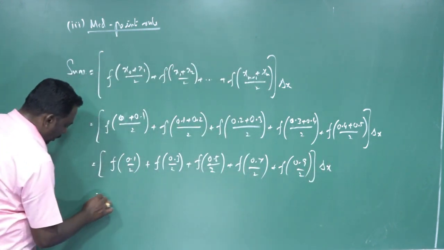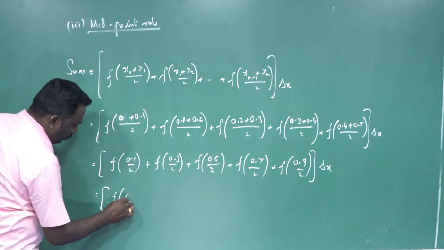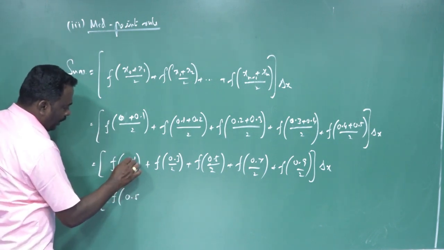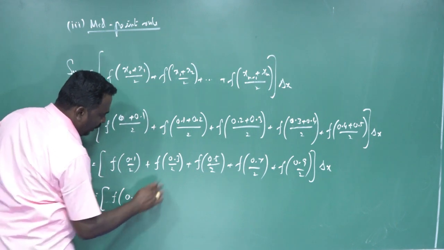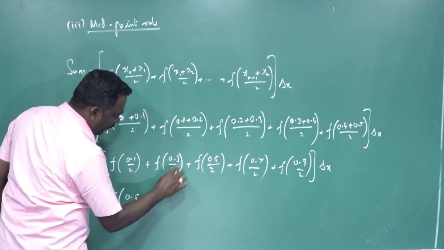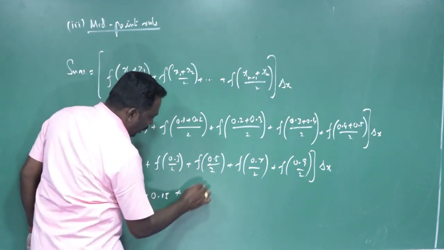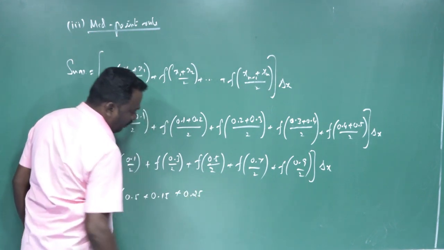Now just cancel: f of 0.1 divided by 2 is 0.05, plus 0.15, plus 0.25.